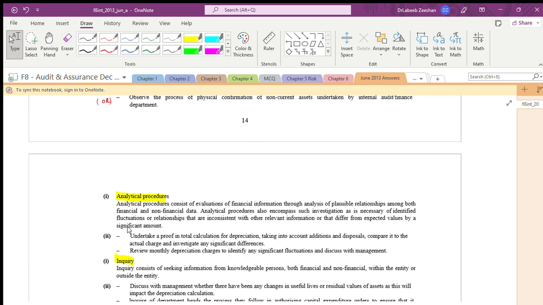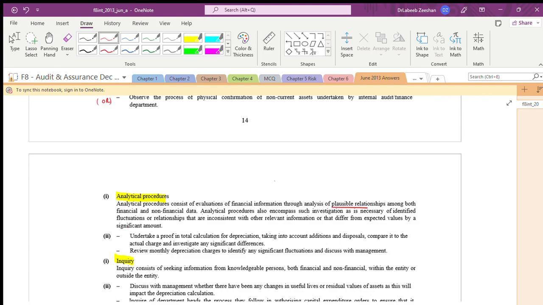Analytical procedures are an evaluation of financial performance through analysis of plausible relationships. Plausible means comparing, comparing among both financial and non-financial data.